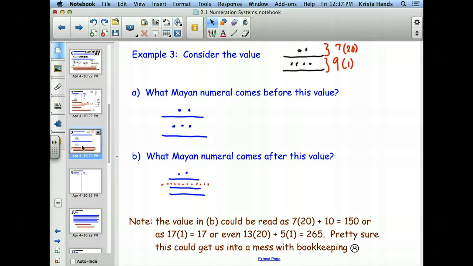Or it could even be 13 20s and 5 1s. That is, we could put this dotted line break down 1. Because we just made that up. That was not their system, right? Not a good idea. This is terrible, isn't it? Because if you owe somebody $150 and somehow they tell you later you owe $265, not good. So this is one of the problems with the Mayan system.